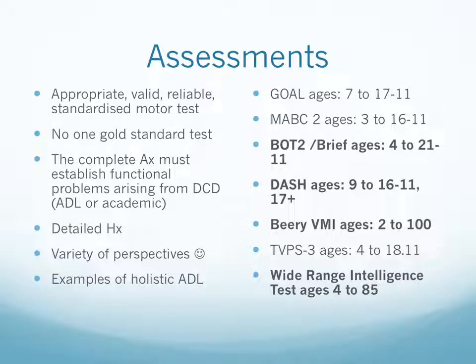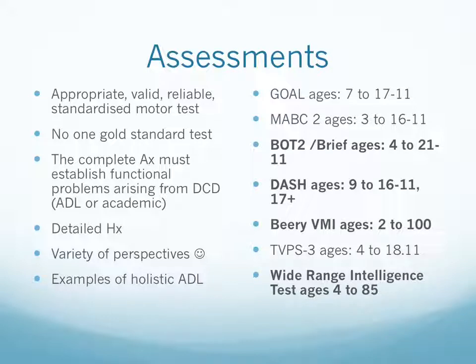Often it's great to be able to show strength in these areas, and that really can buoy somebody's self-esteem. And also you can see a discrepancy between someone's cognitive intellectual functioning and their reduced motor skills, which of course tells you that it's not a more significant learning problem.